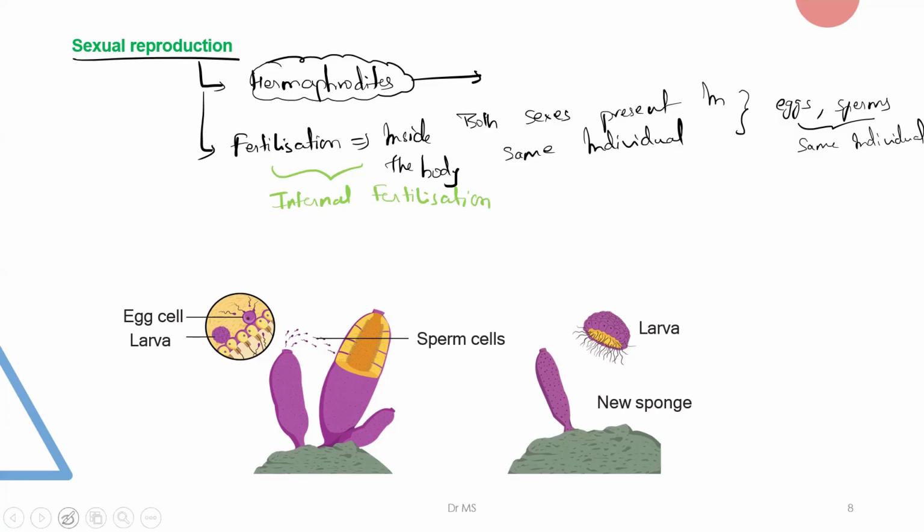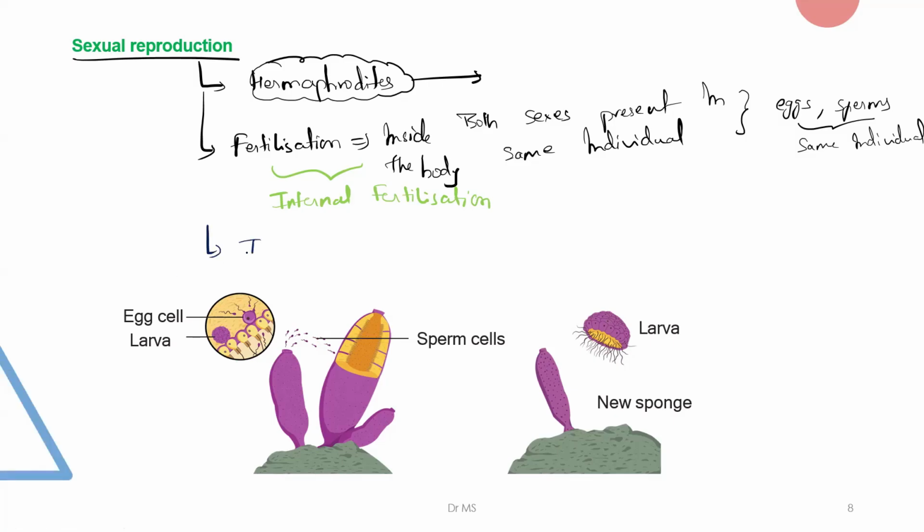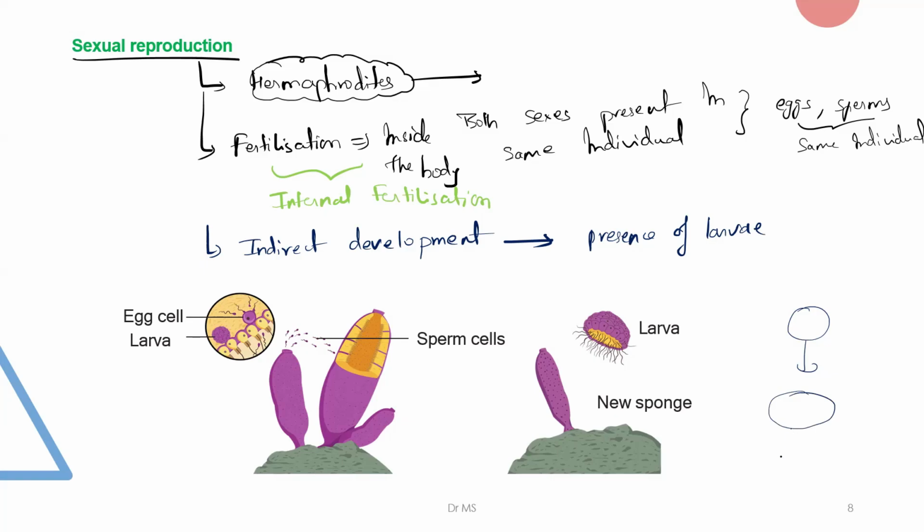Not only that, if you see their development, it is indirect development. And what is indirect development? Presence of larva stages. So what happens here? Suppose the embryo is there. The embryo will form a particular organism, and that organism will finally turn into another organism.